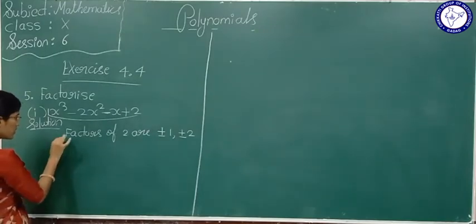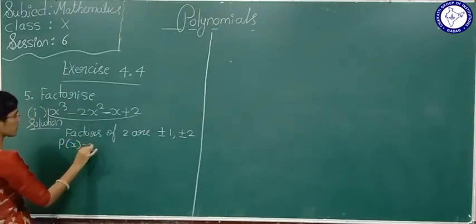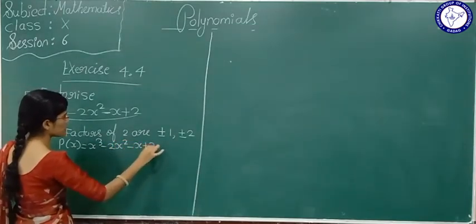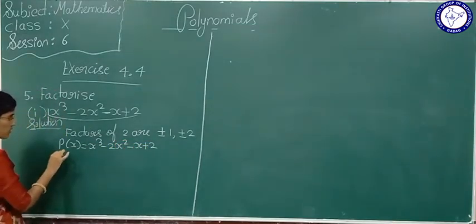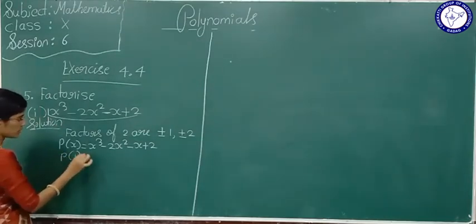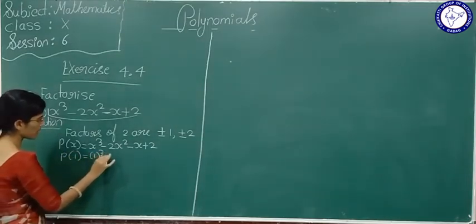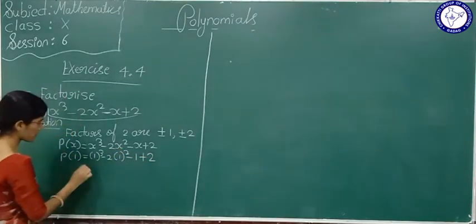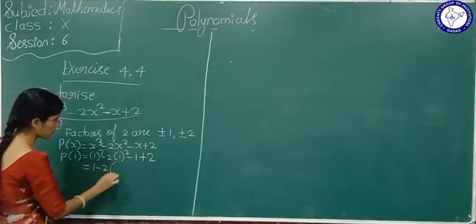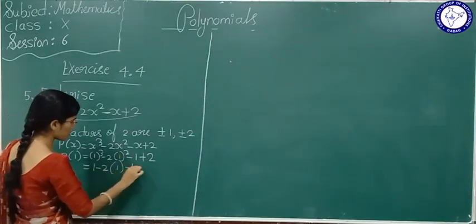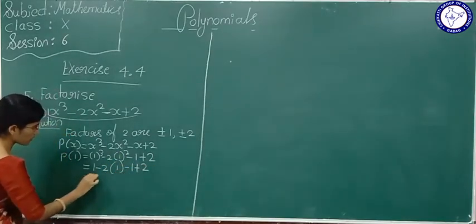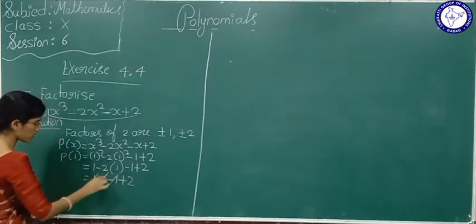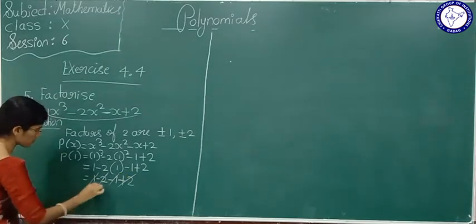Say p of x is equal to x cube minus 2x square minus x plus 2. Now we will take p of 1: 1 cube minus 2 times 1 square minus 1 plus 2. That is 1 minus 2 minus 1 plus 2, and you got 0.